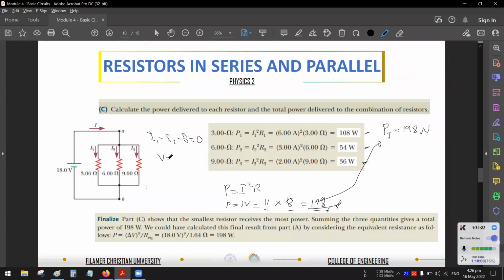The V is equal to IR, the I is equal to V over R. And then, for the power, you have your P equals IV, or you can also get the voltage using P over I. So, transpose lang ng mga formula. Okay, so you have these formulas.